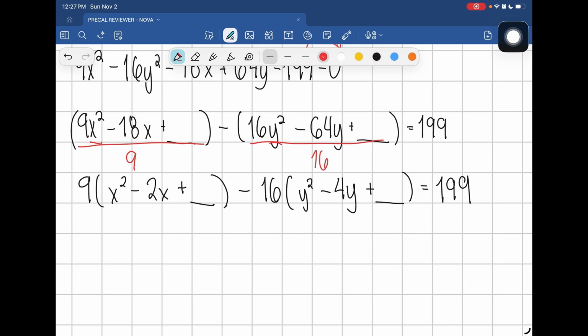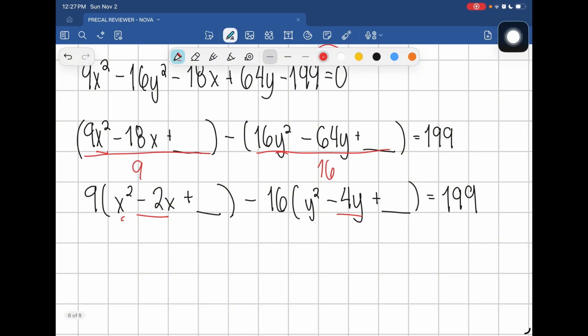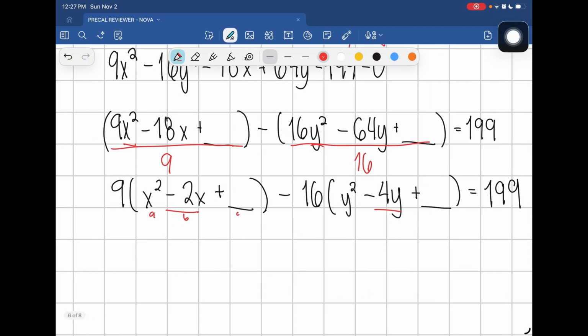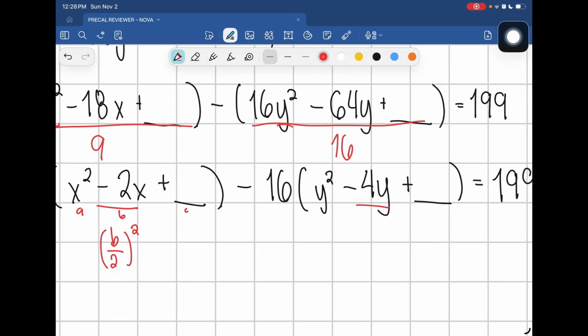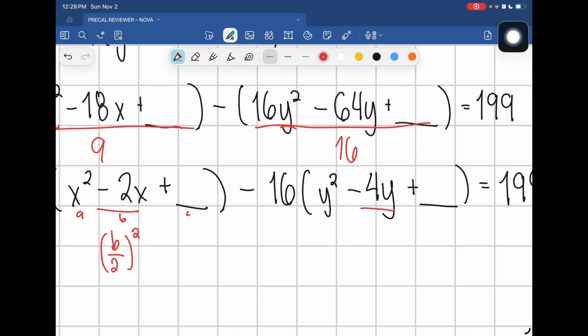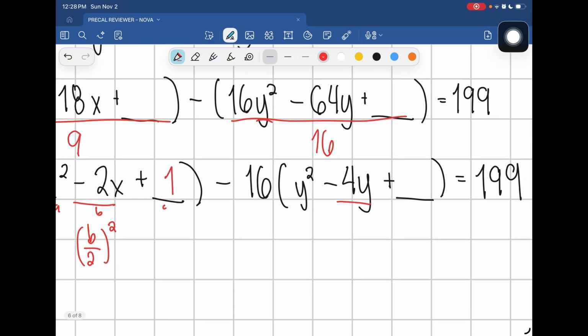In order to complete the square, we use the second term, or the b term. We divide the b term by 2 and multiply it by itself, or square it. So negative 2 divided by 2 is negative 1, and negative 1 times negative 1 is equal to 1. Next is this, negative 4 divided by 2 is negative 2, and negative 2 times negative 2 is positive 4.